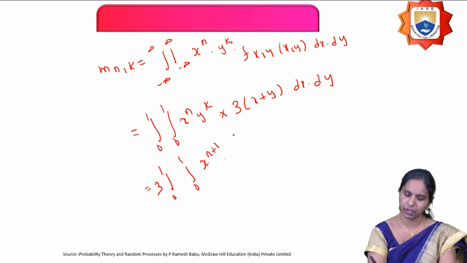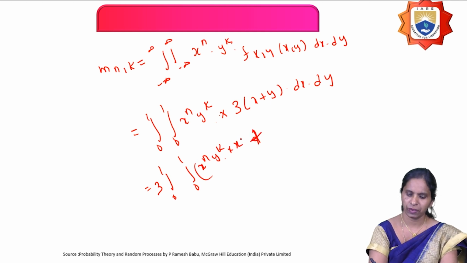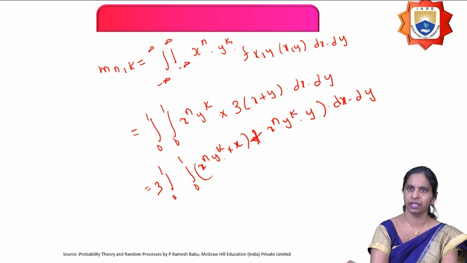So what can you obtain here? x power n y power k into x, plus x power n into y power k into y, dx dy.